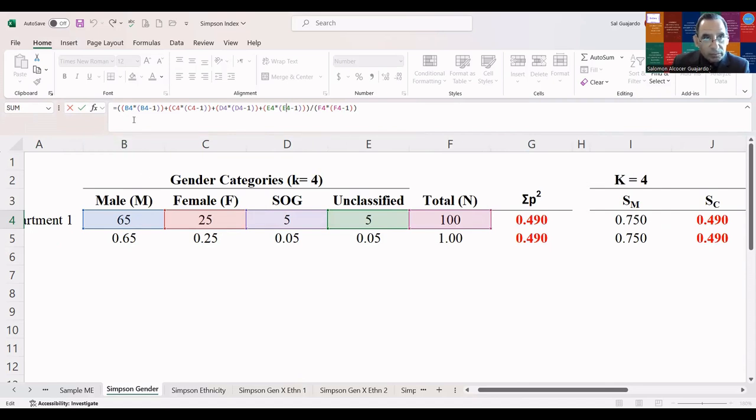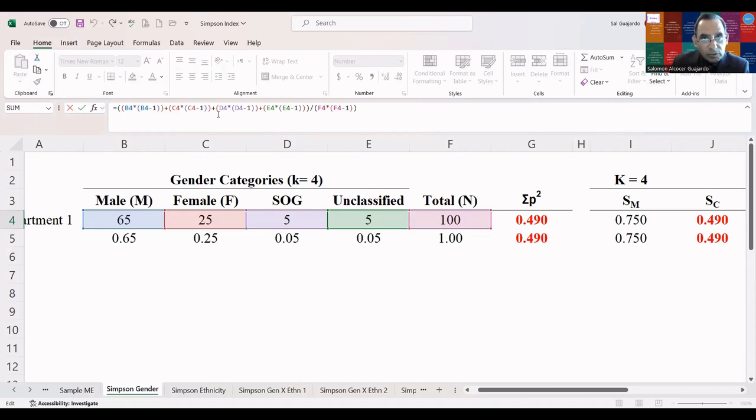If I want to get the unbiased score for the males, it's going to be 65 times 64, which is 65 minus 1. Then I have to do that for the females, which is 25 times 24, and the formula is C4 times C4 minus 1. I did the same thing for some other gender and for unclassified.